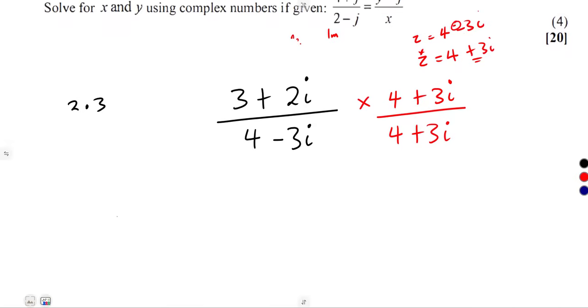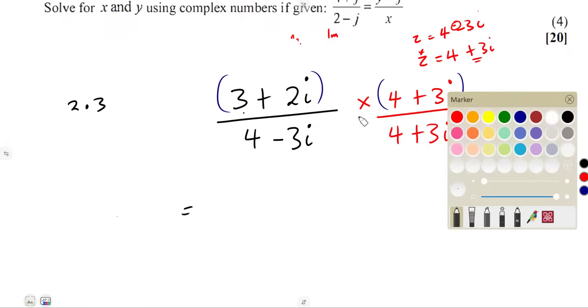Just expand there, multiply properly. These are two different complex numbers. Expand your brackets properly as you're multiplying the numerators together. So that's 3, it's going to multiply everything in the second bracket. We do the same thing for 2i.